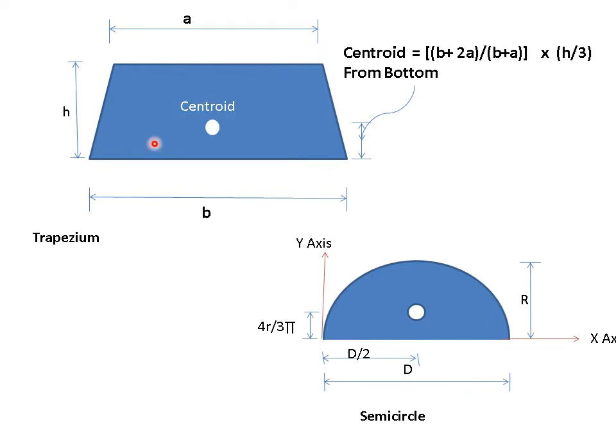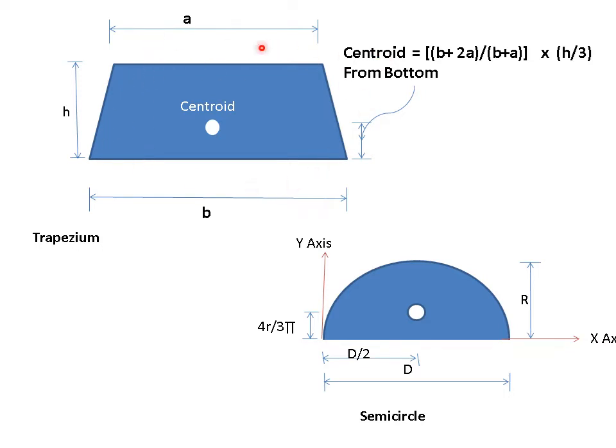Let us see another figure. This is a trapezium. Two sides are parallel to each other. A and B are parallel to each other, whereas the perpendicular distance between these two is called as height h.